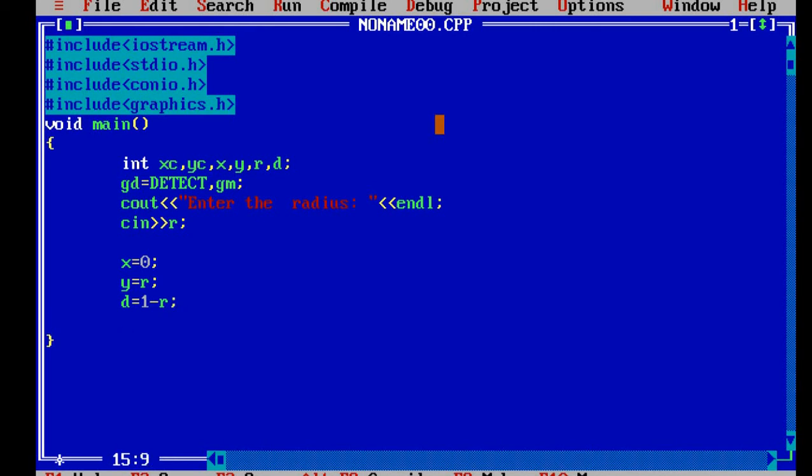Then the initgraph function, which is the graphics initialization: initgraph with the address of the graph driver, the address of the graph mode, and the path of Turbo C, that is, C, Turbo C3, BGI.